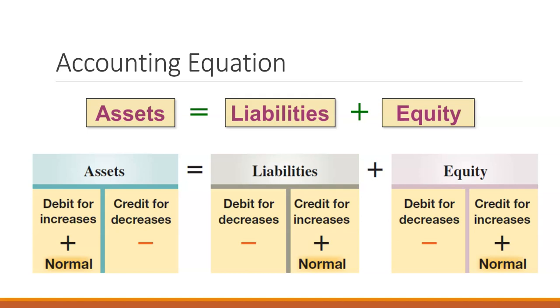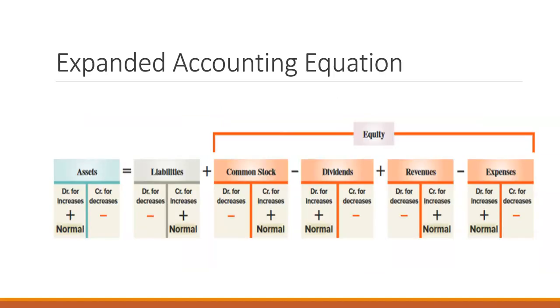Equity gets a little tricky because credit increases are normal for equity accounts, but when we expand the equity accounts, that's not true for all of them. Expenses and dividends have normal on the debit side.